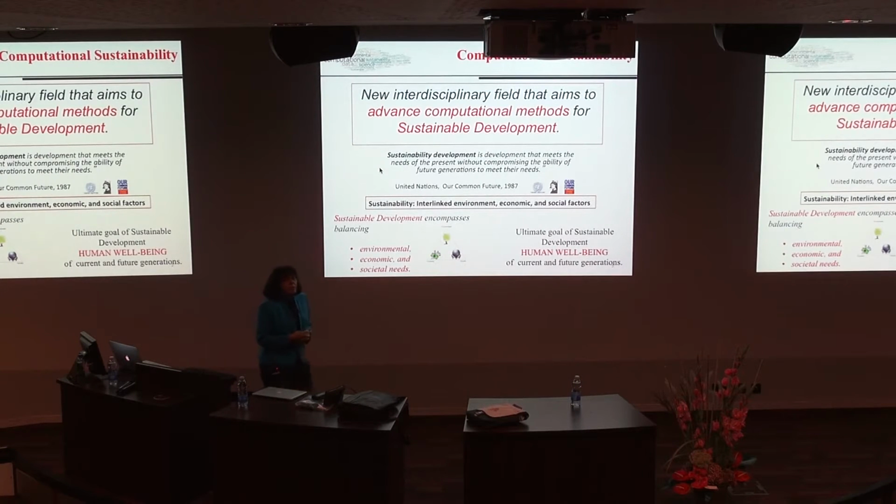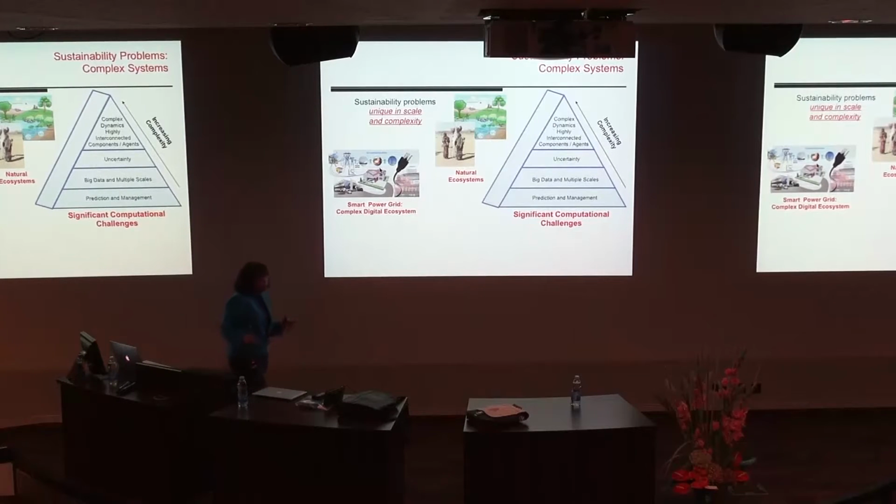More important is the fact that sustainability is not just about climate or the environment, but encompasses balancing all these factors: environmental, economic, and societal needs. In the end, the goal of sustainability and sustainable development is human well-being. Because of all these factors, sustainability problems are quite challenging, and computationally speaking they are unique in scale and complexity.